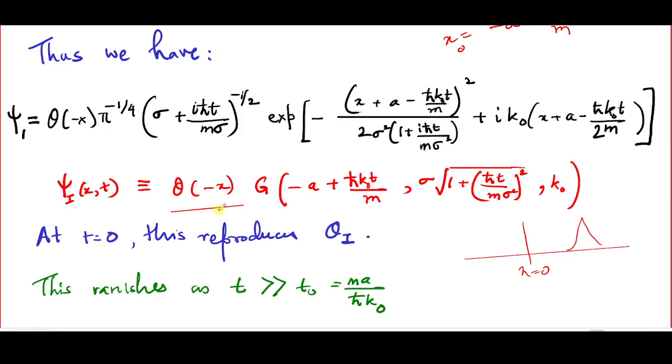However, psi I of x carries with it a theta minus x term. That means that for any value of x more than 0, this is going to vanish. So this psi I of x comma t vanishes for very large times. So the picture that we had of an incident wave starting at minus a, traveling to the right and vanishing at very large positive times is borne out by this piece.